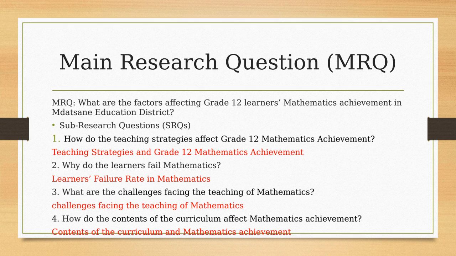So I'm taking quantitative first. That is the heading. From these 4 red colors, I'm going to generate a questionnaire or interview guide. So that shows the importance of sub-research questions.